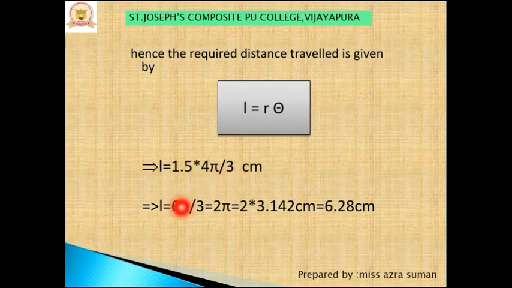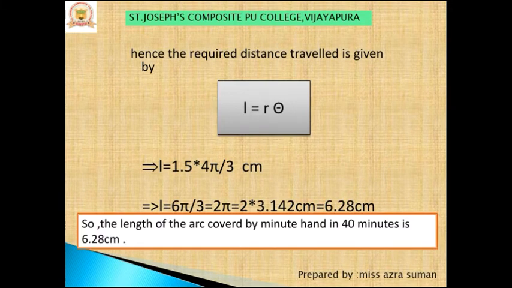On simplifying, L equals 6 pi by 3, which equals 2 pi, and in place of pi we use 3.142. So 2 into 3.142 equals 6.28 centimeter. So the length of the arc covered by the minute hand in 40 minutes is 6.28 centimeter.